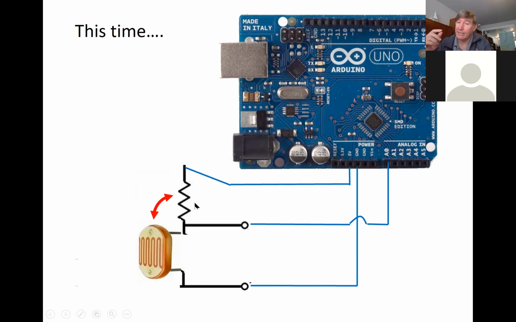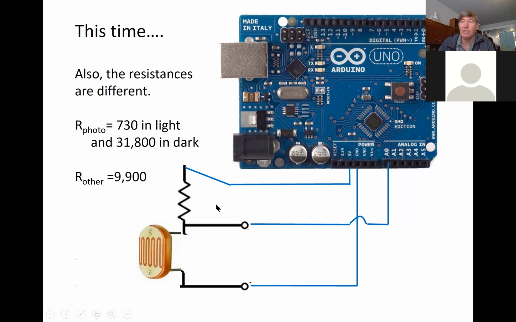So hopefully you realize that means you're going to have to change the way you write the Arduino code. In addition to putting the photoresistor in a different place, I'm also going to change the values of the photoresistor. The new values are what you see right here.